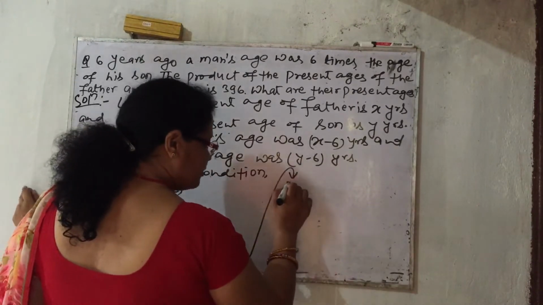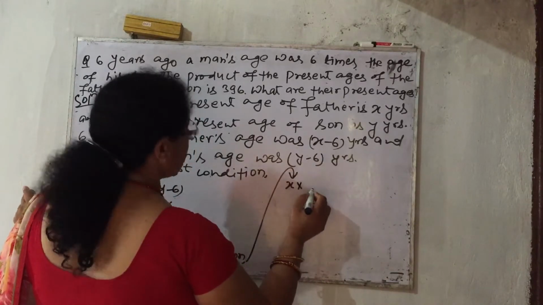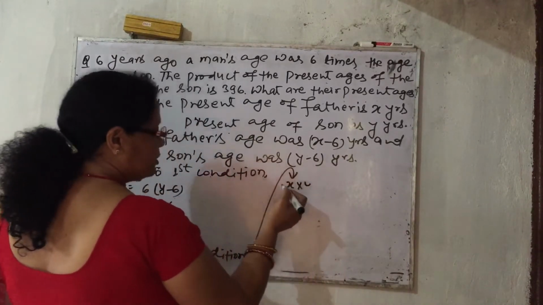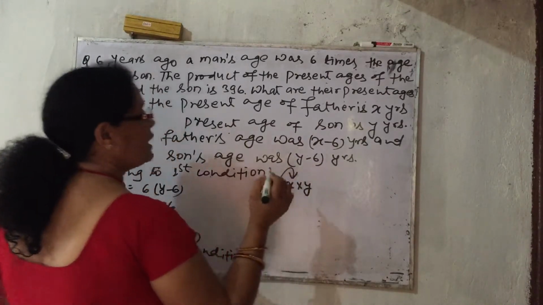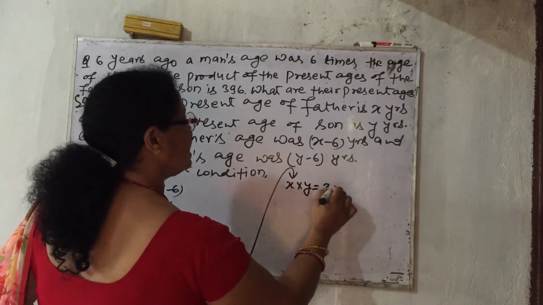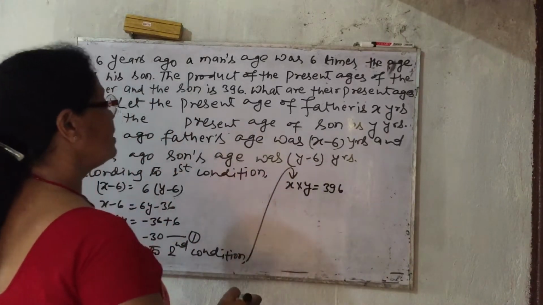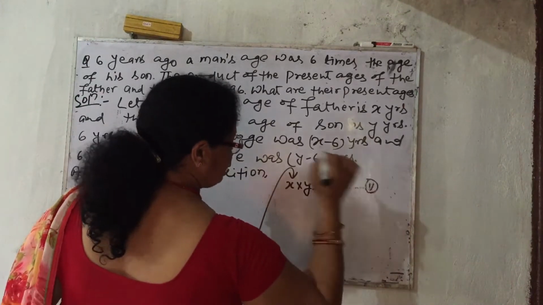The present age of the father is x and the present age of the son is y, and the product of their ages equals how much? 396 is given. It is equation second.